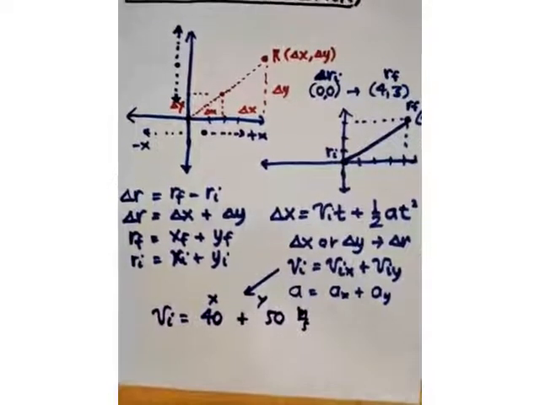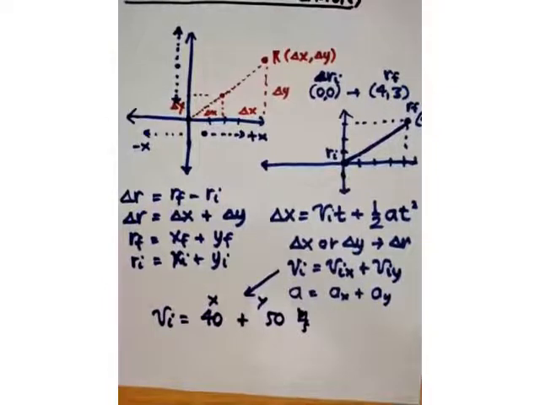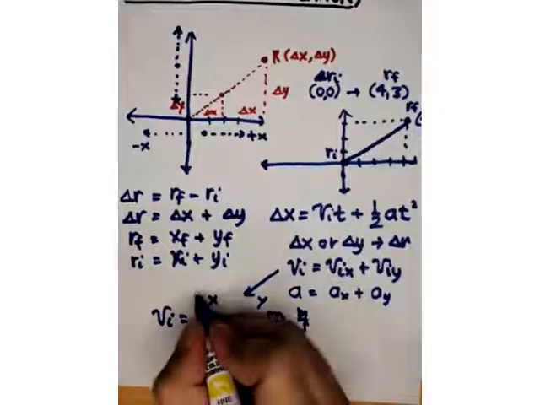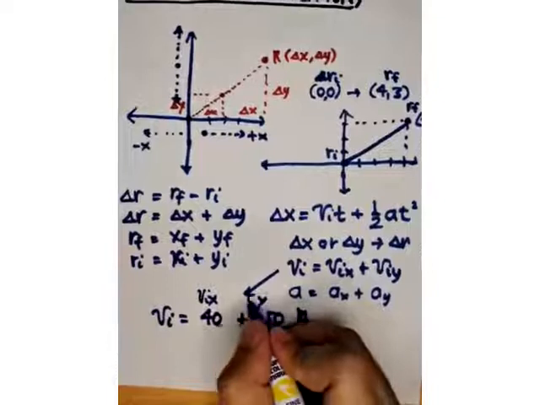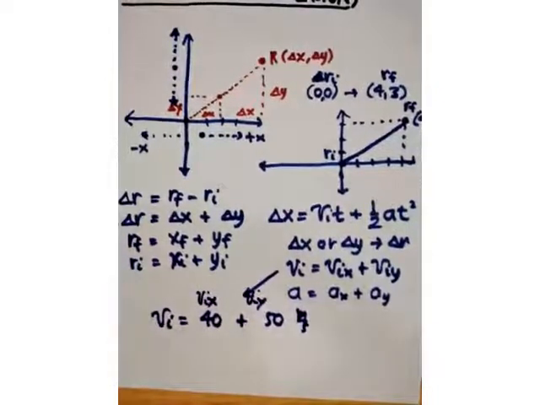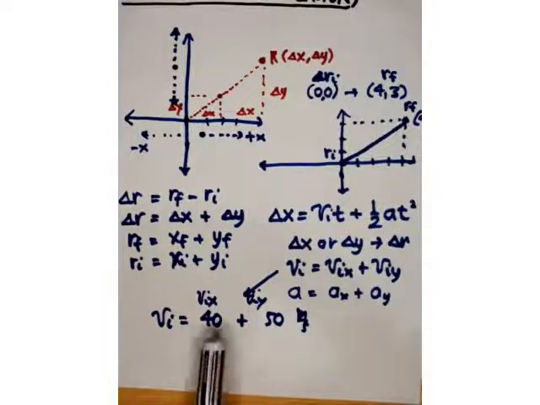Kung wala tayong notation at sinabi lang natin na yung Vix and Viy ay ganyan, baka mapag-add natin yung dalawa at magkamali tayo na magiging 90 meters per second, which is not possible kasi these are vectors and these two are not on the same dimension. So we cannot add them algebraically. So kailangan natin gumawa ng paraan para hindi tayo magkamali na i-add natin sila.